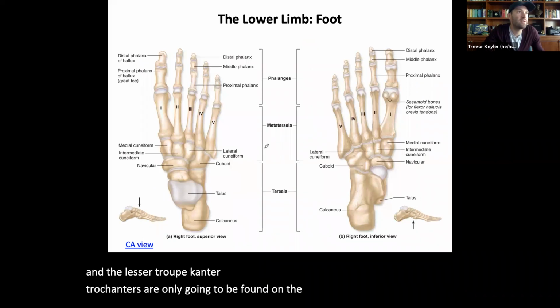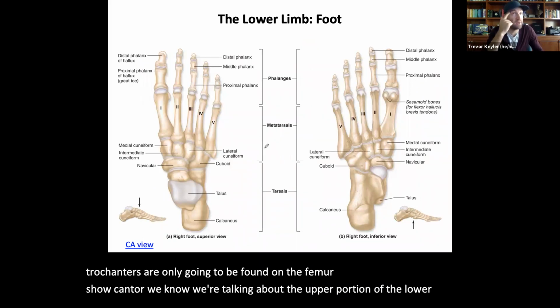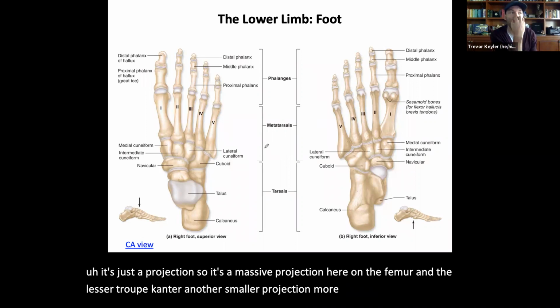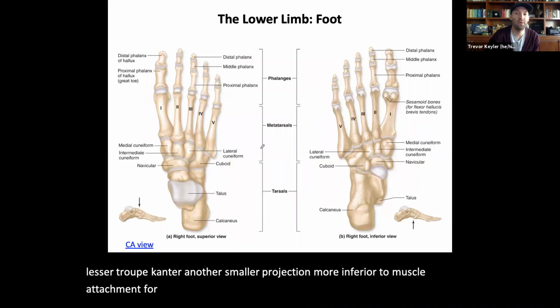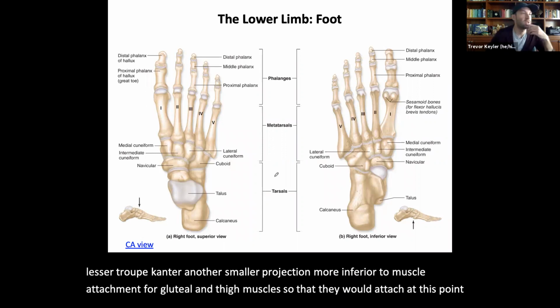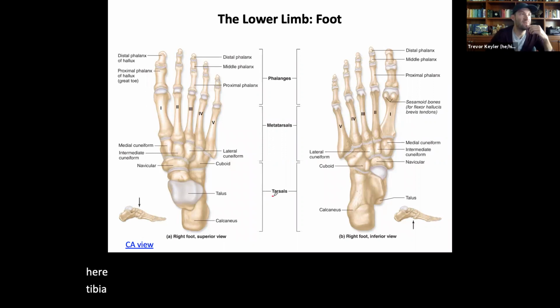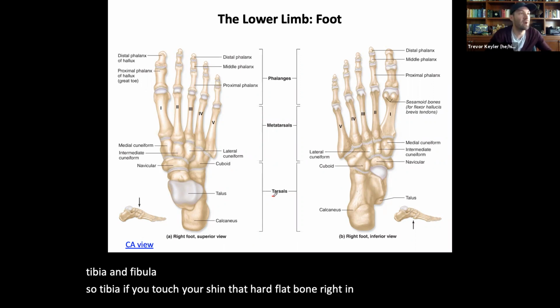All right, and then on to the feet. Again, can be kind of tricky. Let's start with the tarsals. Okay. So tarsals starts with T. Last time in the hand we had carpals, but now we're talking about tarsals.